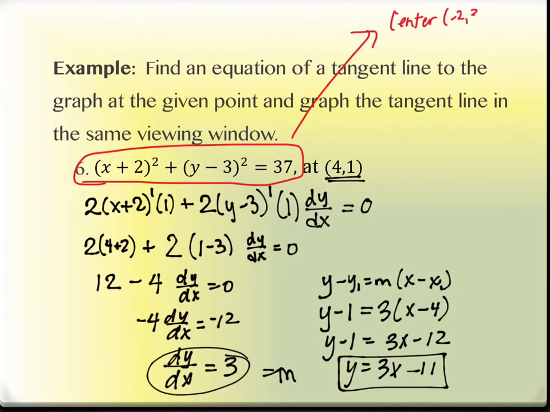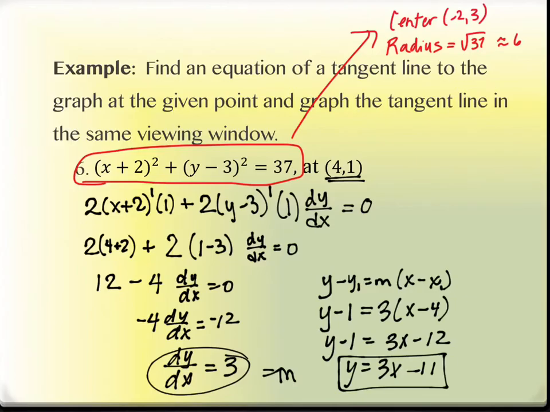Negative 2, 3. And its radius, which is not very friendly, I should have at least picked a nicer number. What is it? Square root of 37. That's approximately what, just for reference? It's approximately 6. It's really close to 6. For the purposes of our sketch, we're going to sketch out basically 6.